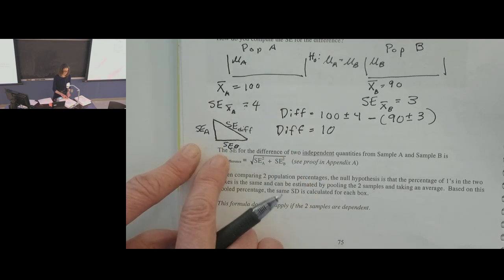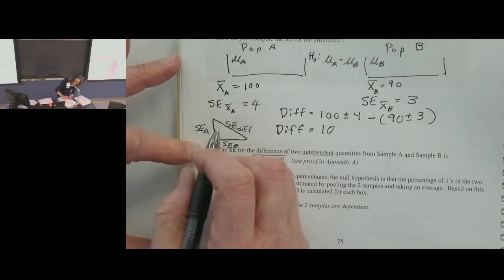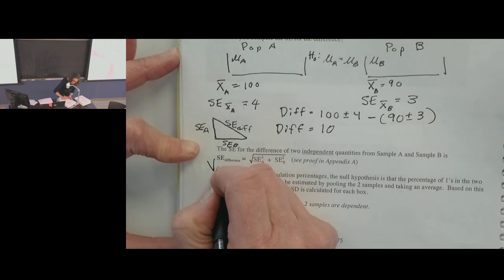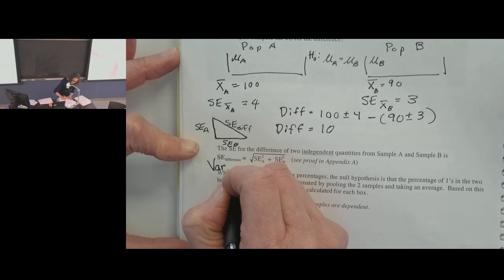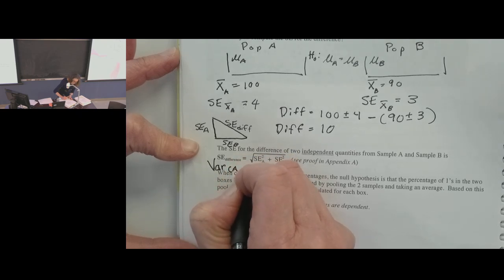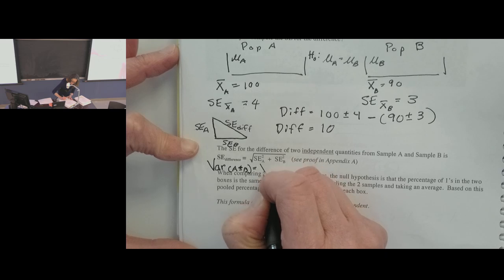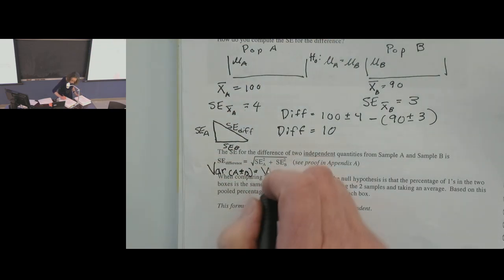Basically, the idea, and I've said this many times, is that the variance of the sum, if you square both sides, so now instead of the standard error we have a variance, the variance of a plus or minus b is equal to the variance of a plus the variance of b.